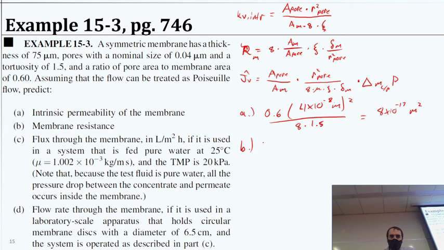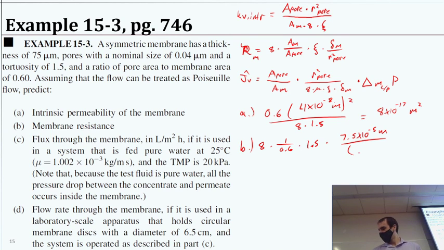So this is going to be 8 times 1 over 0.6 times 1.5 multiplied by 7.5 times 10 to the minus 5th meters divided by, again, that area of the pore, that radius of the pore squared, right?